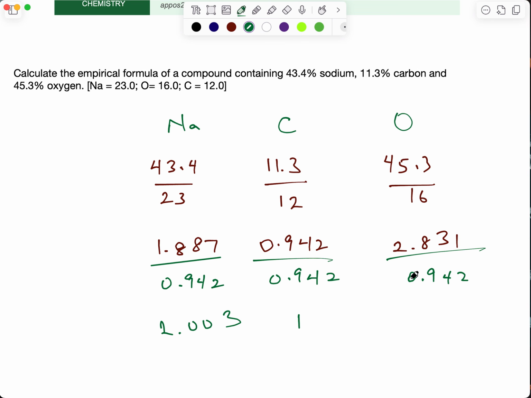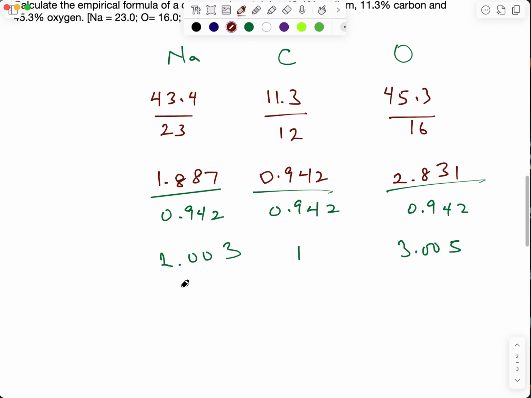2.831 divided by 0.942 is 3.005. So after having this now, we can actually approximate, because you can see that this one is so close to 2, this one is exactly 1, and this one is so close to 3.